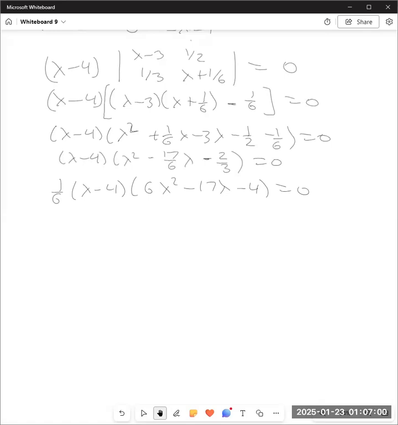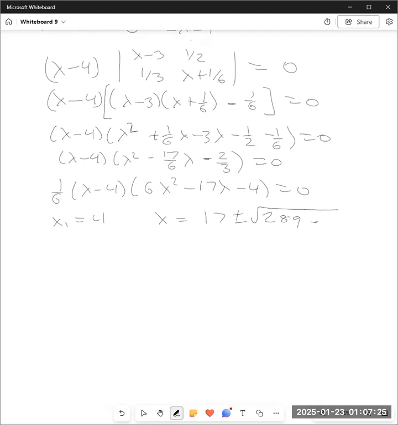And let's go ahead and use the quadratic formula to find, we know that lambda 1 is equal to 4, but over here, lambda equals negative b plus or minus the square root of b squared. 17 squared is 289 minus 4ac.